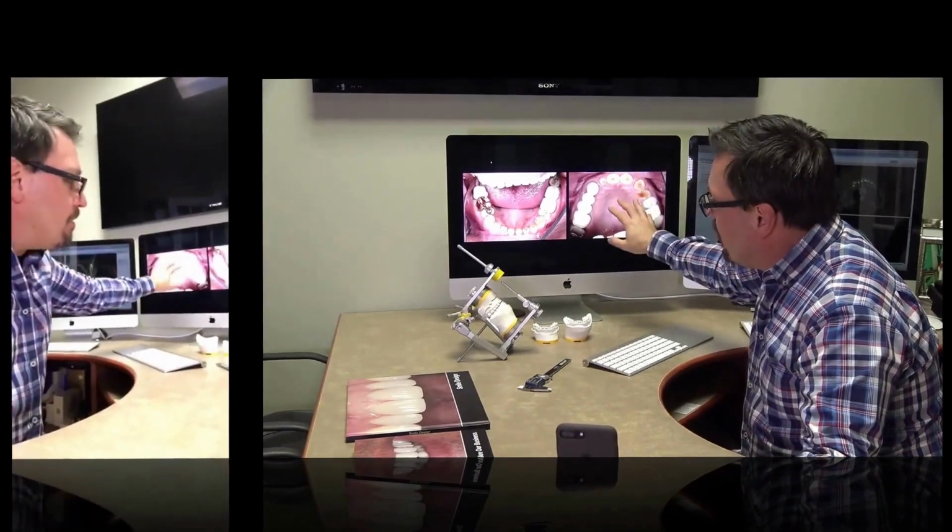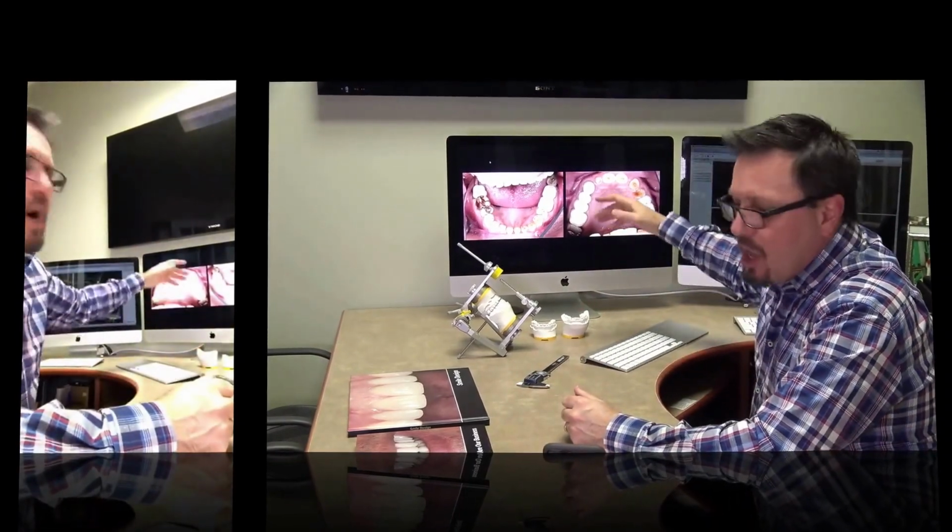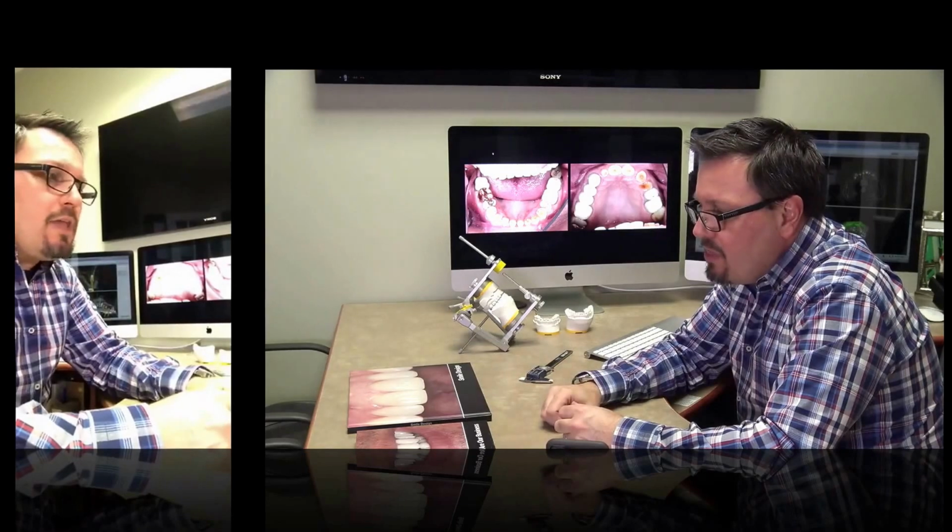Then I follow that with a case presentation of a similar case that I have already pre-arranged and drop in behind the patient's case photos, just to show them the sequence of events that we use for treatment, the actual treatment, and also a case that's similar.